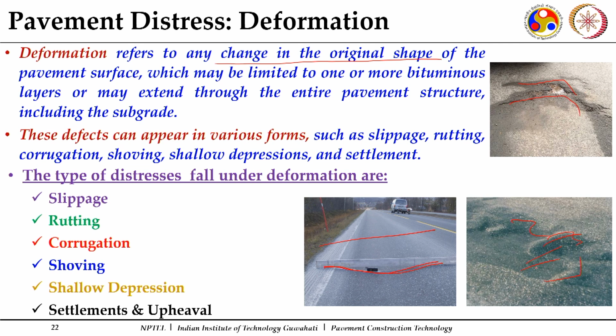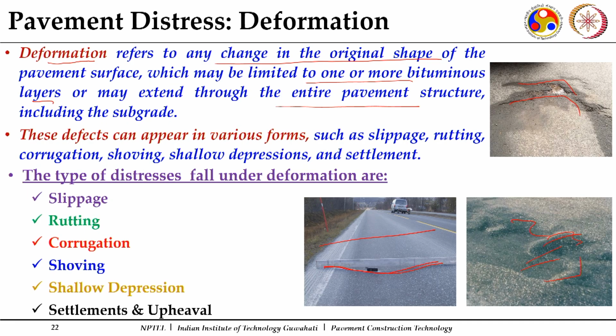These kinds of distresses come under the category of deformation, where any change in the original shape has happened. It may be limited to one or more bituminous layers, it may not be limited to the top bituminous layer, and it may extend to the underlying layers also, through the entire pavement structure going up to the pavement subgrade.